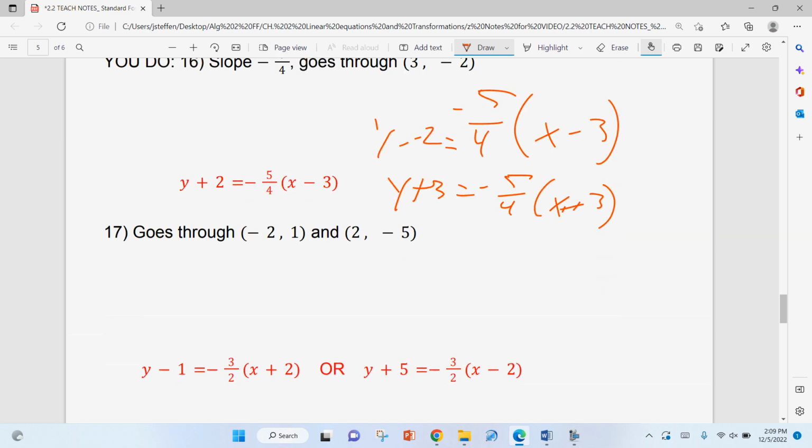And the next one goes through those ordered pairs. Again, don't make this harder than it is. Just have to find your slope first. Negative 5 minus 1 over 2 minus negative 2. So 5 minus 1 is negative 6. And these are 0, so it's undefined.